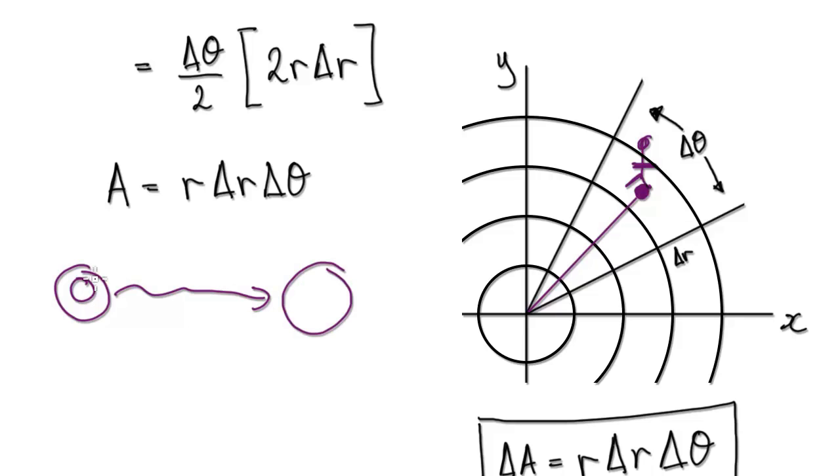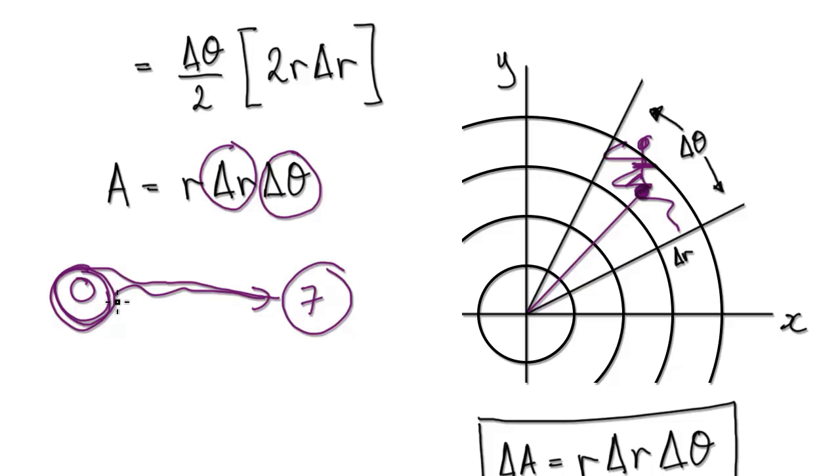So to travel from an area of 0 to an area of something, let's just imagine this area is, I don't know, 7, and it has an area of 7. So you can see that from a single point, only when you give me a delta r and a delta angle will I see a change in the area.